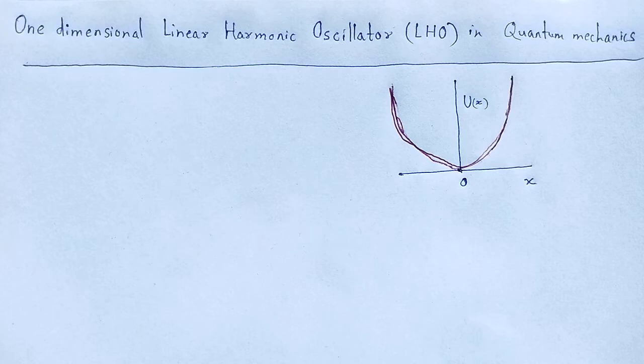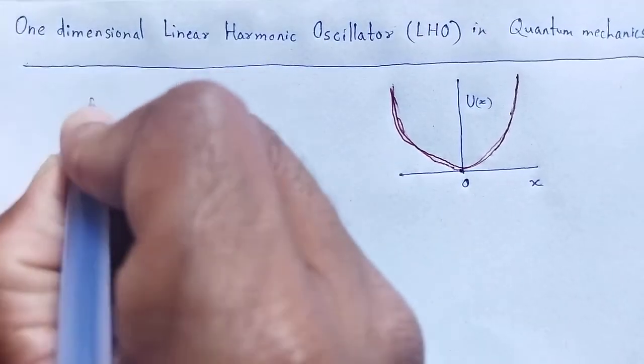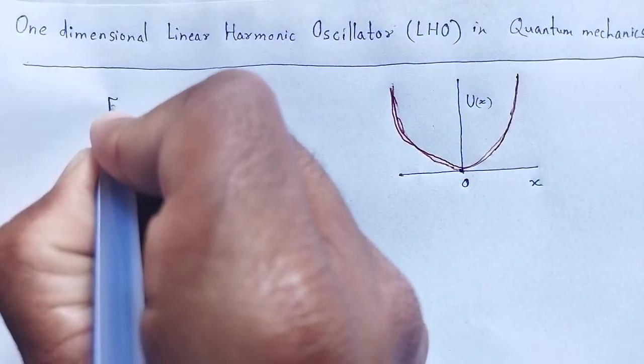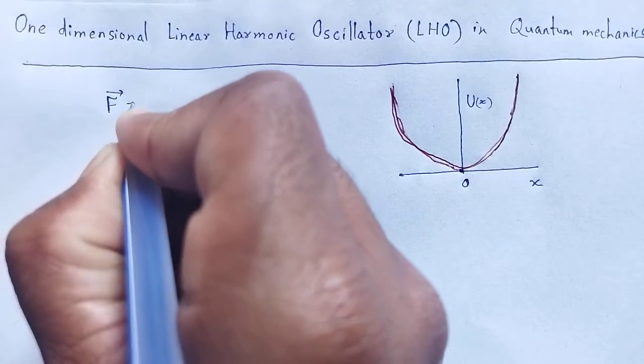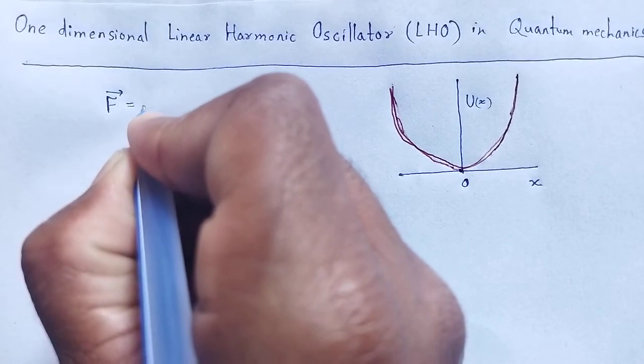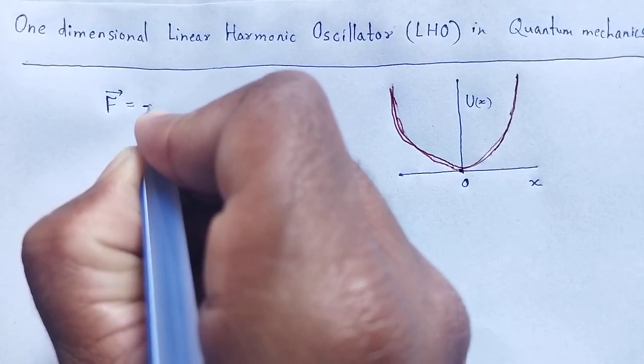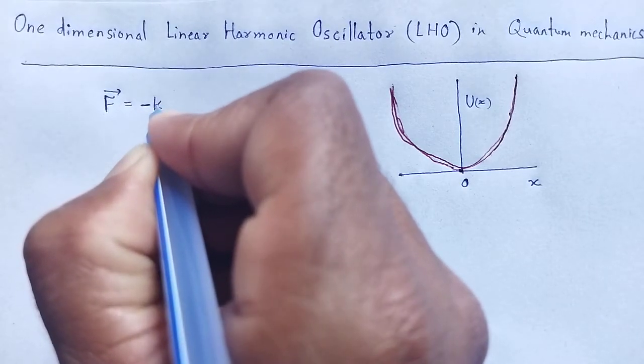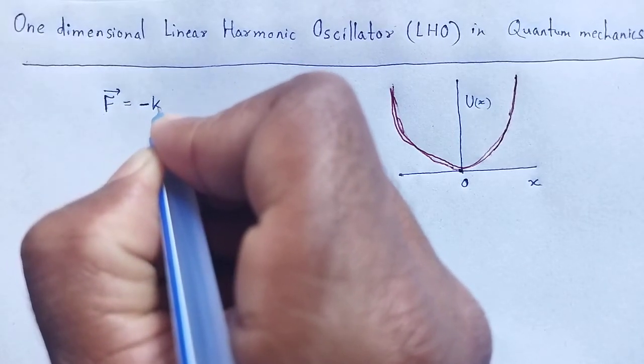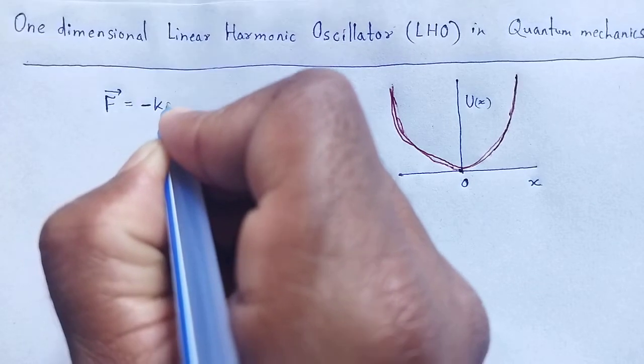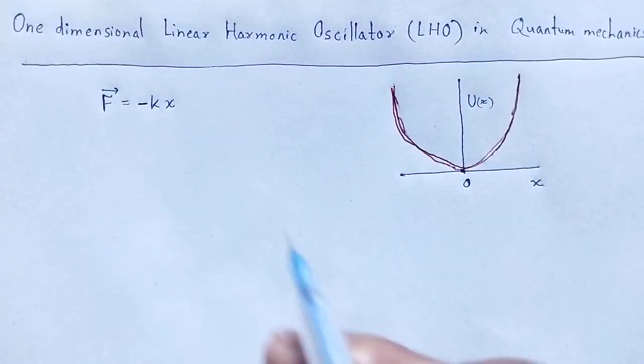We know in the classical theory of the linear harmonic oscillator, the force is directly proportional to the displacement. That's why the force F is written as a proportionality constant, let K, which is known as the force constant or spring constant, times displacement x. This is the force.